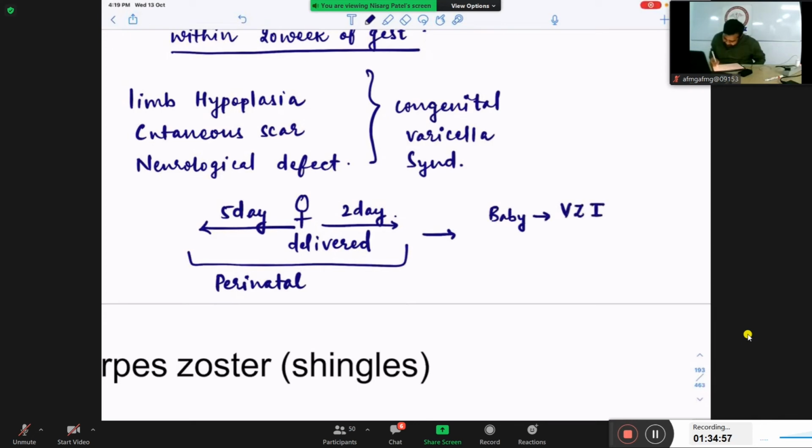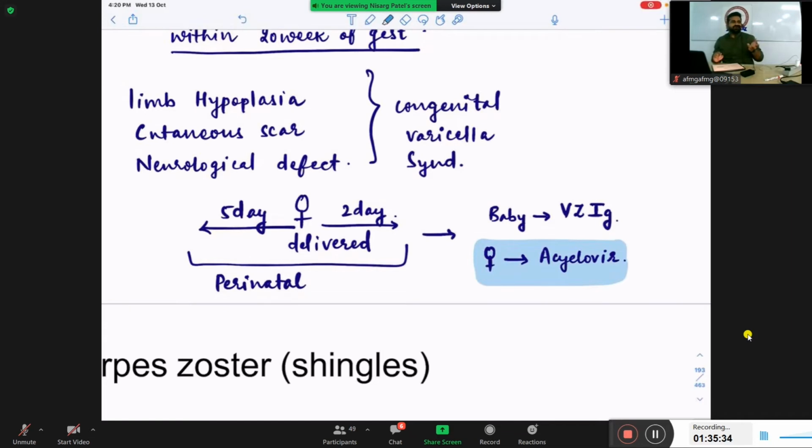We will give varicella zoster immunoglobulin. And for the mother, we will give acyclovir. If it is before the 5 days, we will start the mother on acyclovir, and when the baby comes out, we will start it on varicella zoster immunoglobulin.